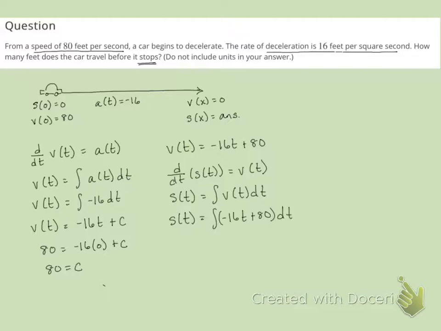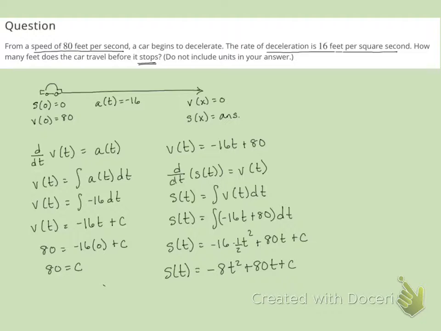So we'll use the power rule, and we'll increase the power by 1 and divide by that new power. And then do the same thing here, and we still get the plus c. So cleaning this up just a tad, we got -8t squared plus 80t plus c.